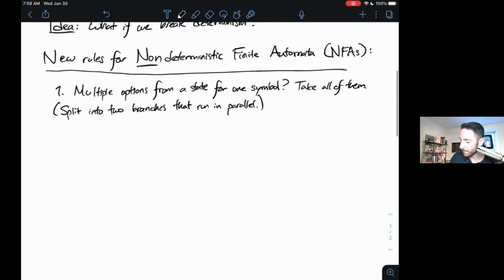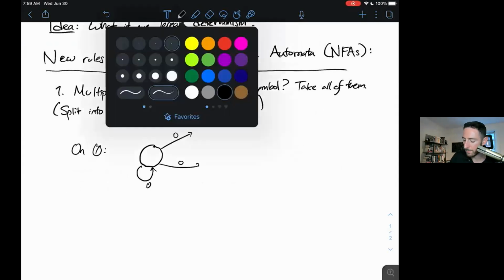So just as an example, suppose I was at this state, and on the input symbol 0, I was faced with, let's say, several options. An edge that goes over here, an edge that goes over here, and an edge that stays in the same place.